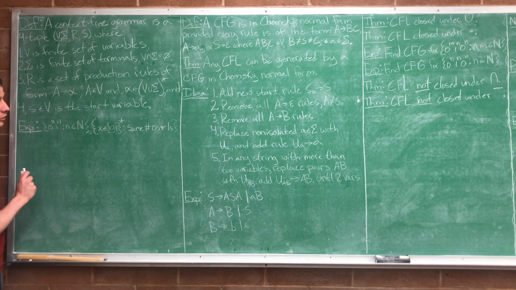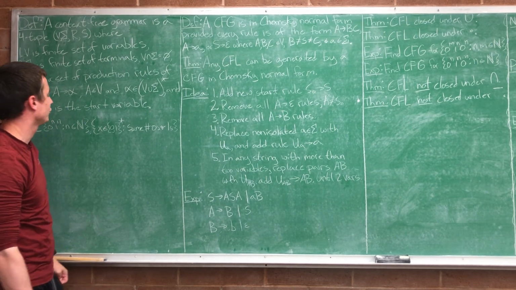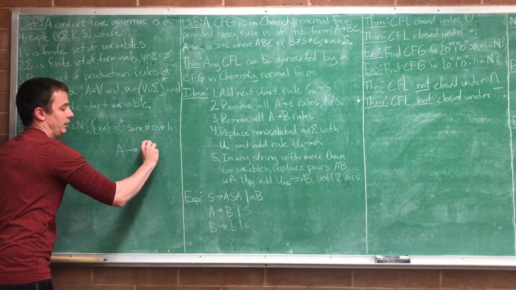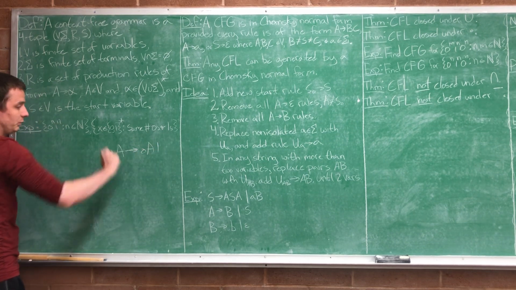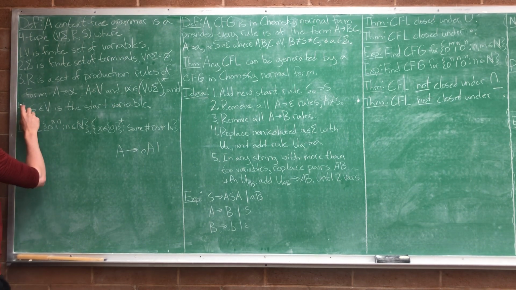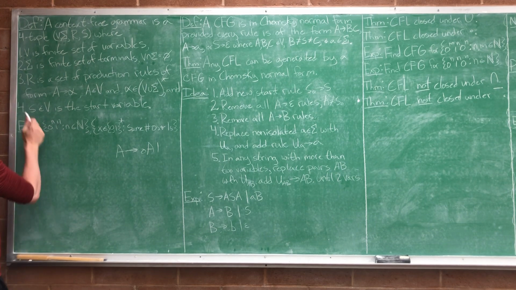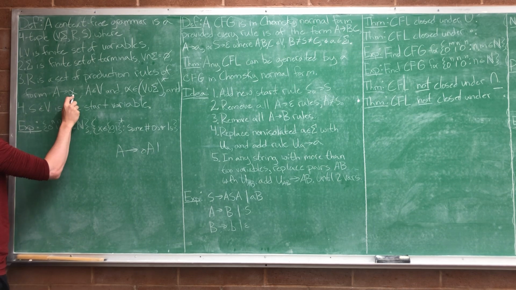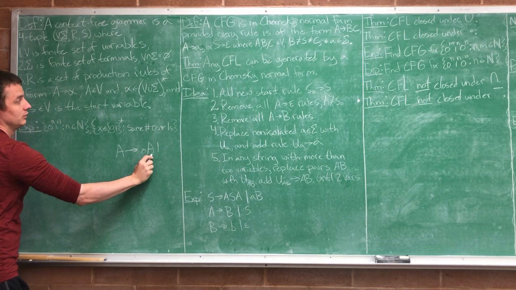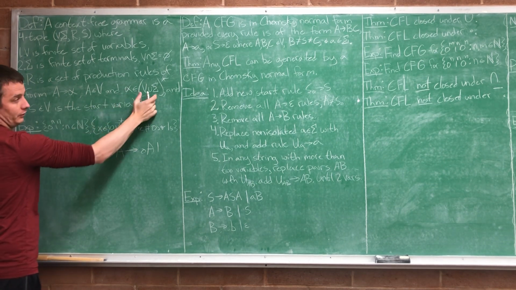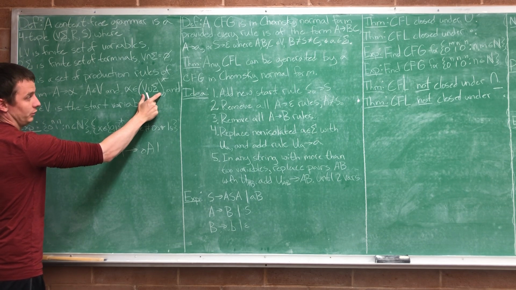R is a set of production rules, which is typically what we use to represent our grammar. Rules like A goes to 0A1, stuff like that. That's what we mean by a rule. So R is a set of production rules. And for a context-free grammar, they have to have a special form. So it's a set of production rules of the form A goes to alpha, where A is a variable and alpha is a string of terminals or variables.